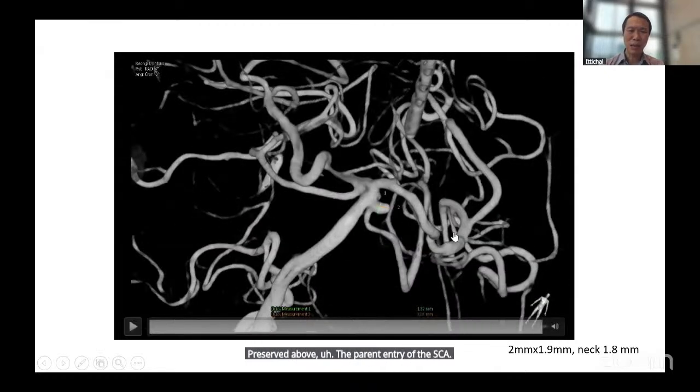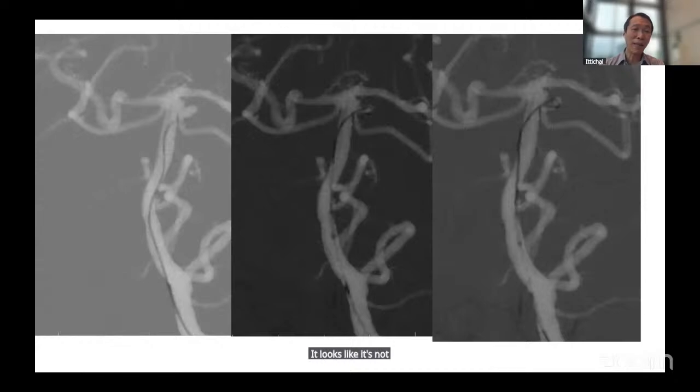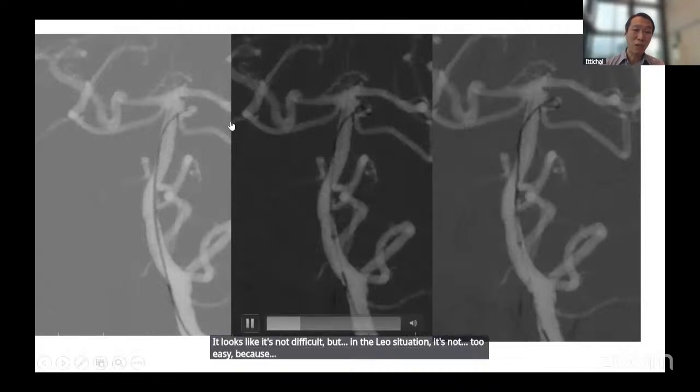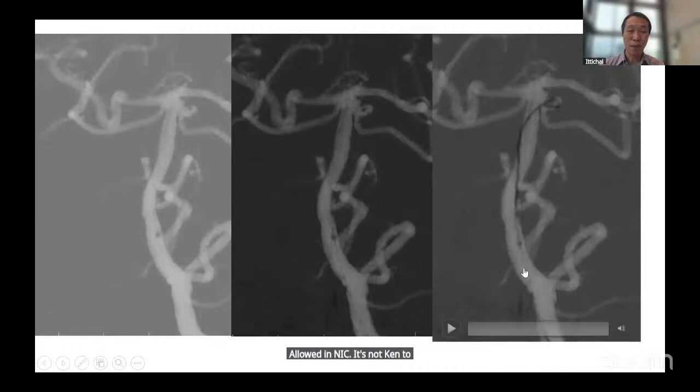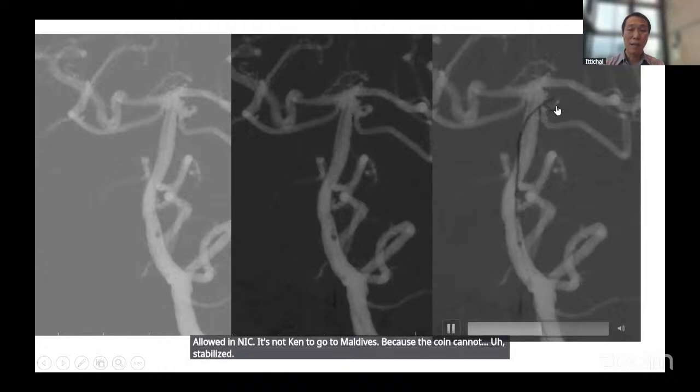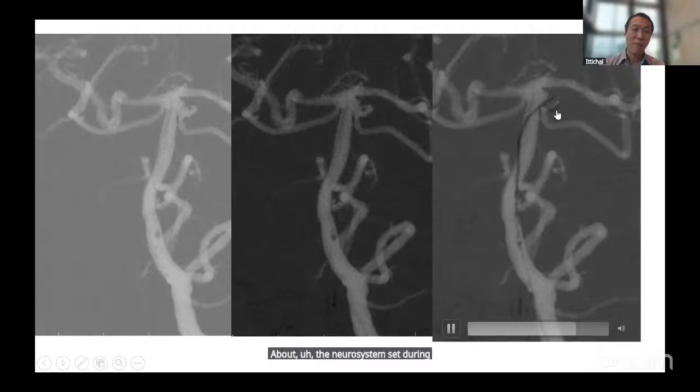It looks like it's not difficult, but in the real situation it's not too easy, because you need to control the catheter at the neck. It can't go deeper because the coil cannot stabilize above the aneurysm sac during embolization.